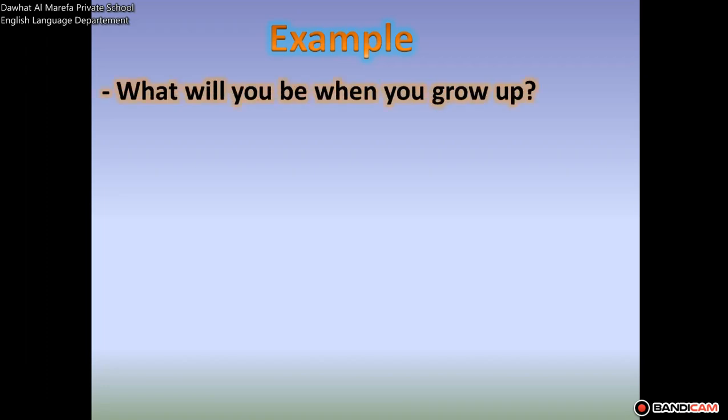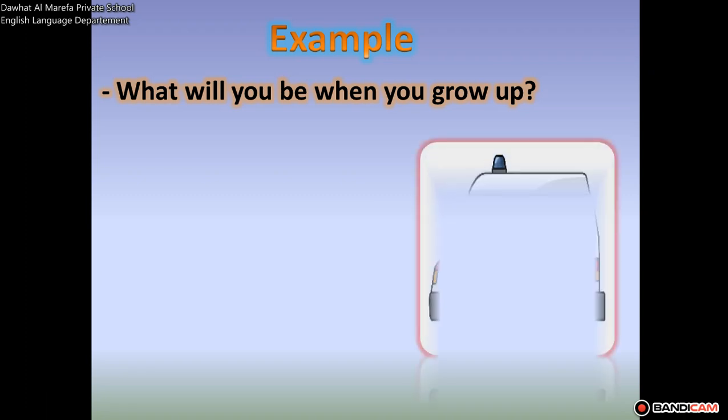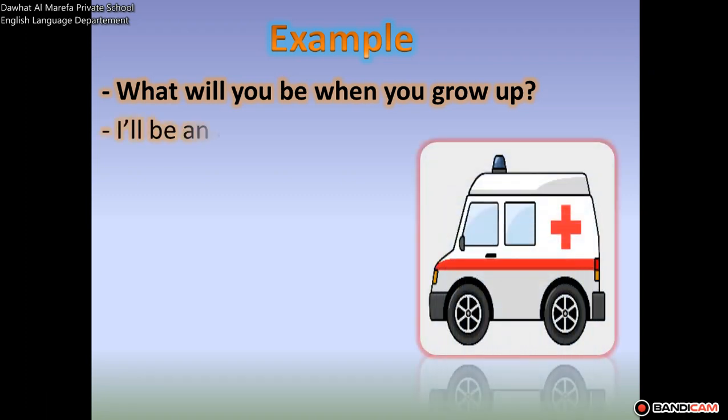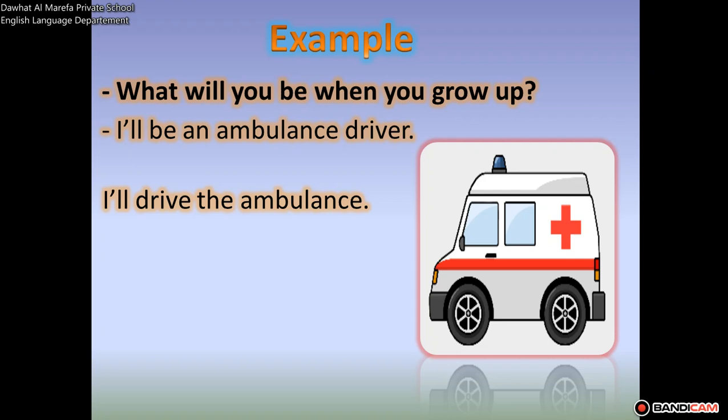Let's start our examples. What will you be when you grow up? After finishing school, what will you be? I will be an ambulance driver. I'll drive the ambulance. So now he used I'll and be.